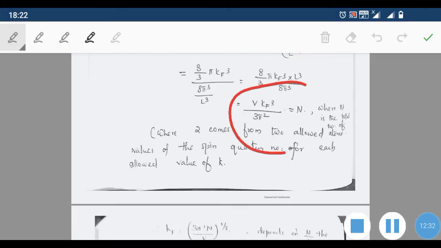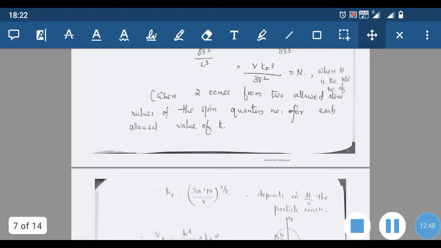The 3-dimensional solid satisfies the condition n is equal to V times kf³ divided by 3π². Here V is nothing but L³, the volume of the box which we have considered.